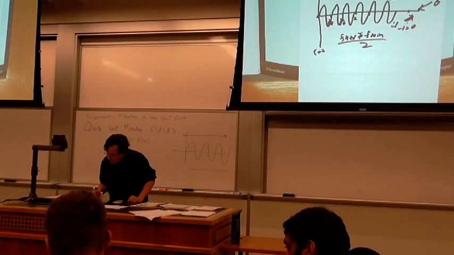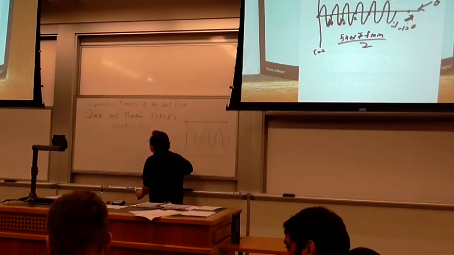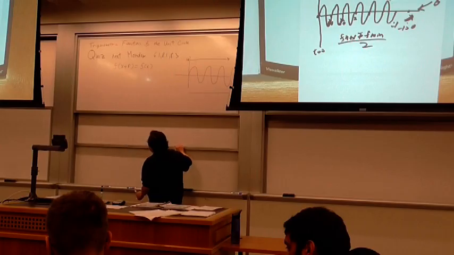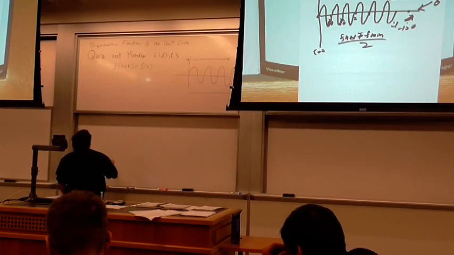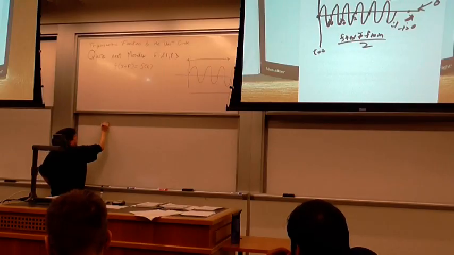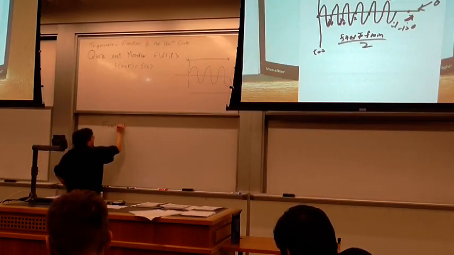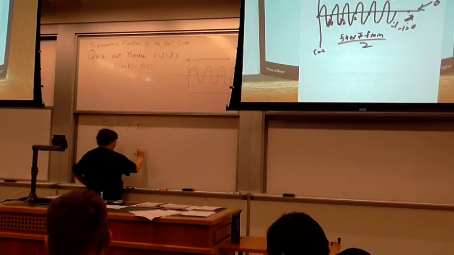All right, I want to digress for a minute. I want to talk about something that's very practical in nature for this class. I want to talk about what an exact answer is versus an inexact answer.